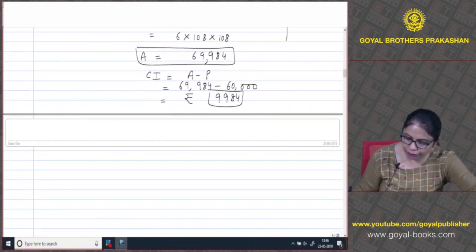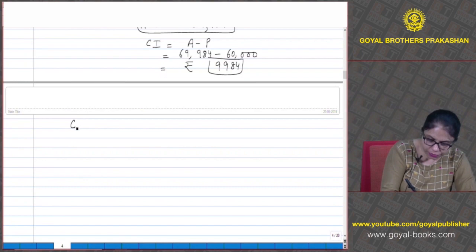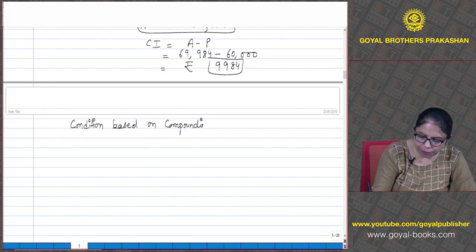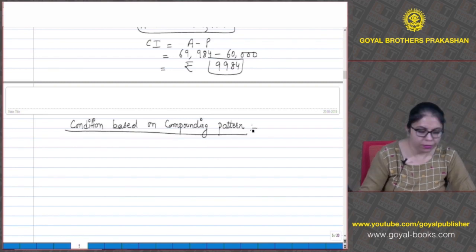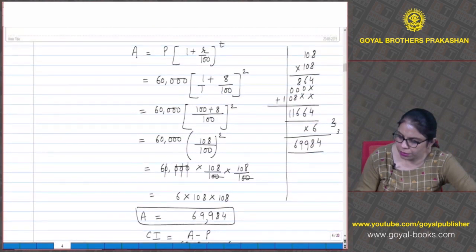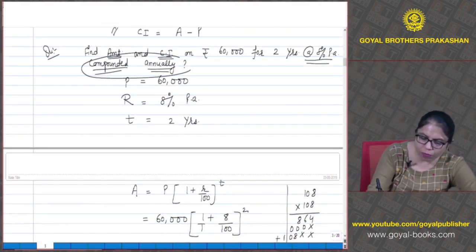Now we will discuss various conditions based on the compounding pattern. In the above question, the interest is compounded annually.